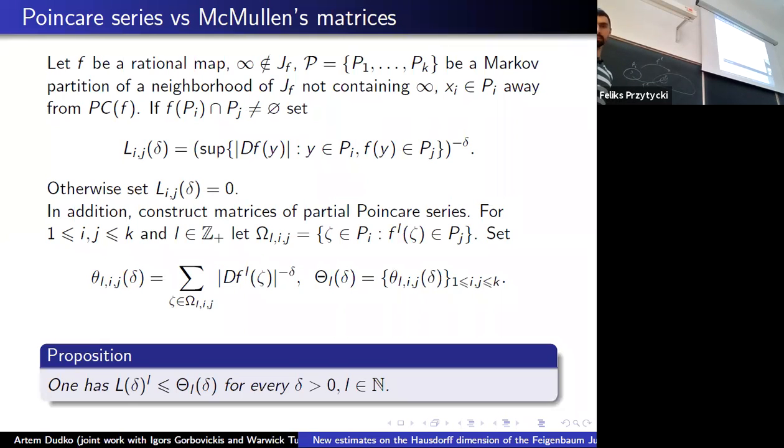And the proposition is that if we take Macmillan's matrix L composed with supremums of derivatives, raised to the power n, what we obtain will be less than or equal to the matrix of partial Poincare series theta L of delta, for every integer n.